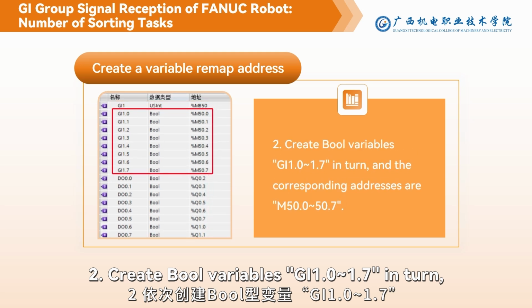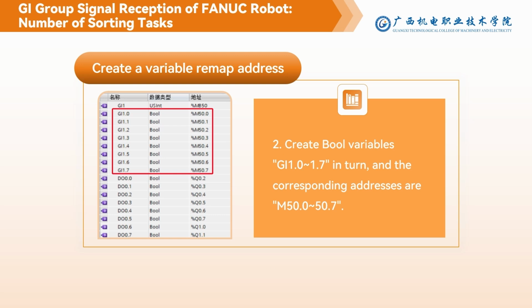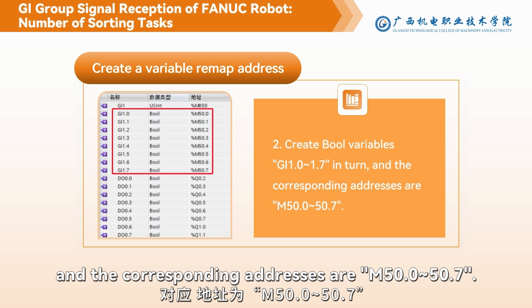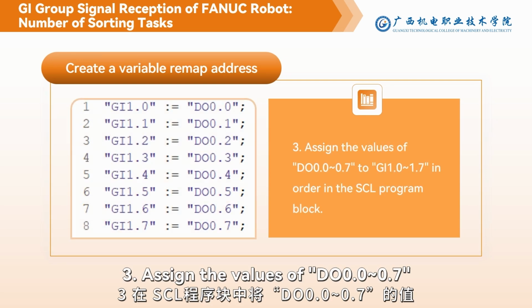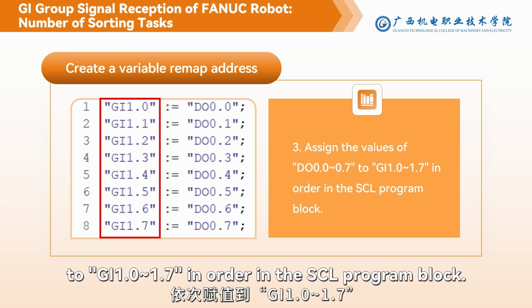Second, create bool variables gi1.0 to gi1.7 in turn, and the corresponding addresses are M15.0 to M15.7. Third, assign the values of do0.0 to do0.7 to gi1.0 to gi1.7 in order in the SCL program block.